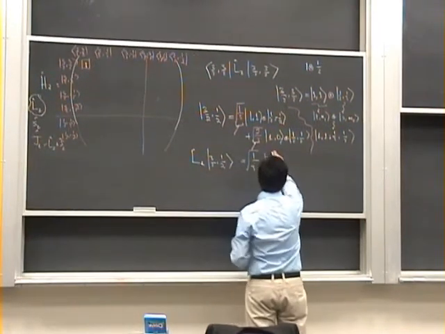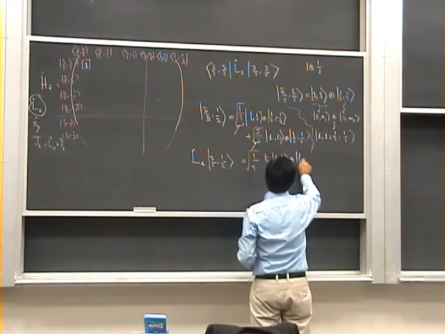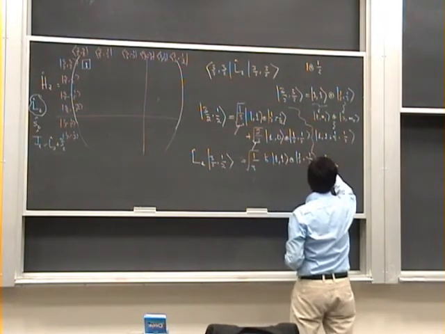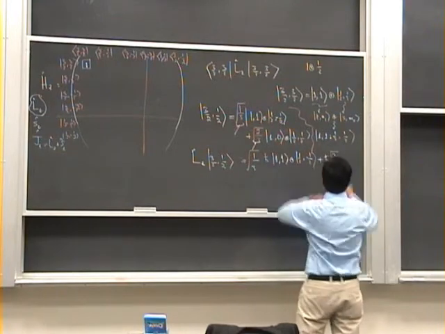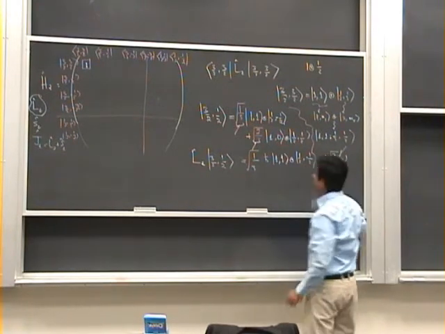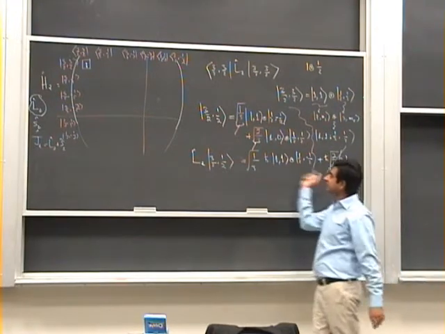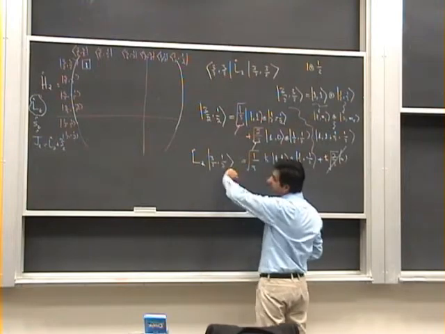So I get 1 cross 1 half minus half, plus H bar 2 by 3, 1 0. This just gives me 0. So this is the result of the ket coming out because of the application of the LZ operator.